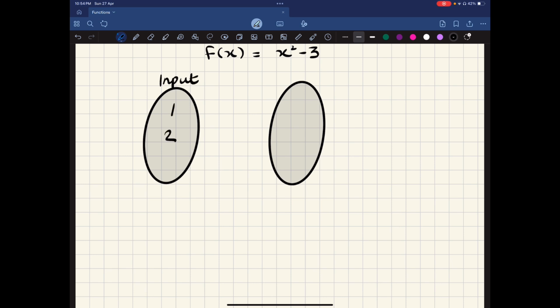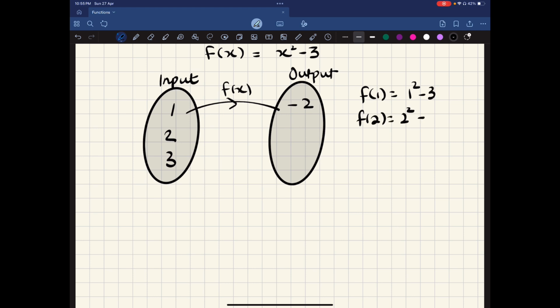So 1, 2, 3. If you substitute 1 into the function, you get 1 squared minus 3, which is negative 2. So this is the output. And this is the function operation that has been performed on the input value. If you substitute 2 into the function, you get negative 1.